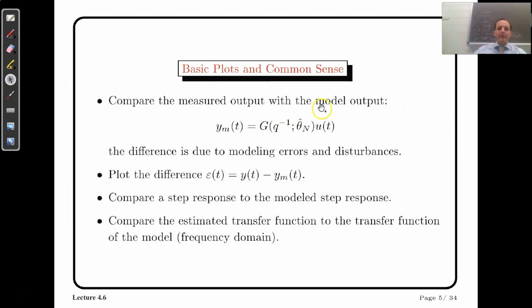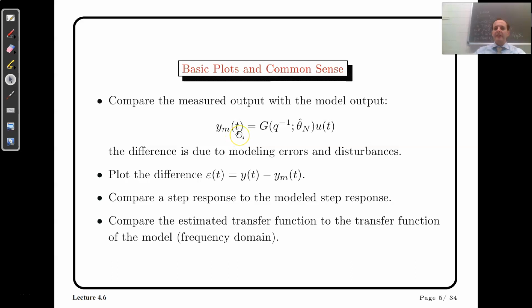What are the basic plots? Normally, you make a simulation, what we call simulation. So it means that you have the deterministic part of your model you have estimated, which is fed by the input, the measurement input, and you obtain the output, the simulated output.